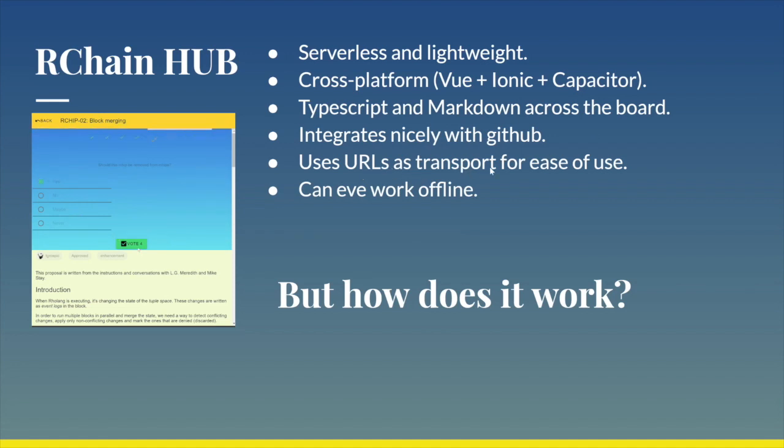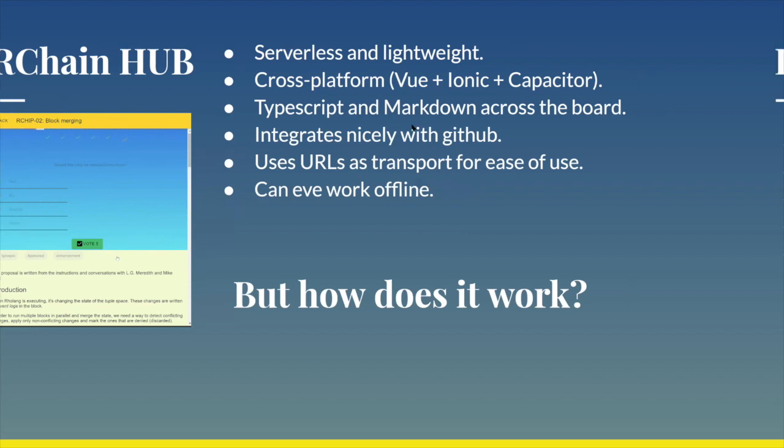It uses URLs as a way of transporting encrypted data. This is how I achieved the capability to work offline. I mean, it still uses URLs, so it's not really offline, but it makes it a lot easier to use, as you will see in a minute. So, how does it work?